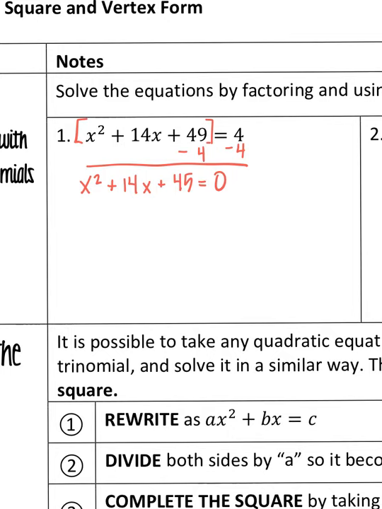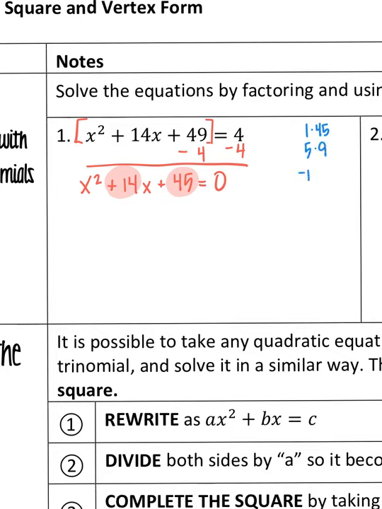Now remember, I'm trying to determine what two numbers multiply to give me 45 and add up to 14. So I can do that by writing all my factors of 45. I have 1 times 45 and 5 times 9.